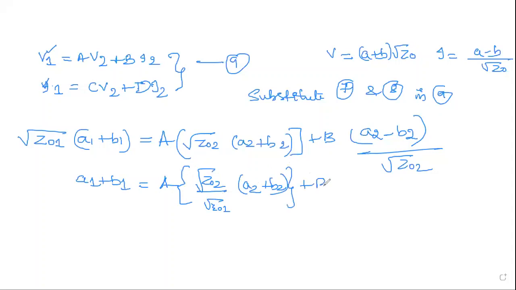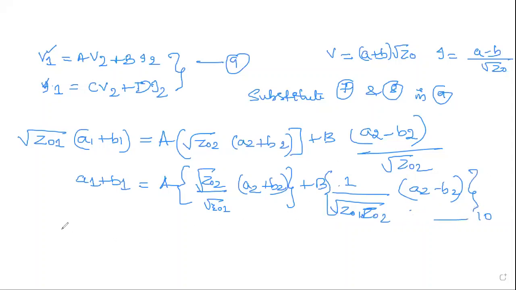Similarly, B into this will be 1 divided by square root of Z01 into Z02, A2 minus B2. You can consider this equation as 10. Now, similarly, substitute the values of this in the I1 equation, that is the second equation.